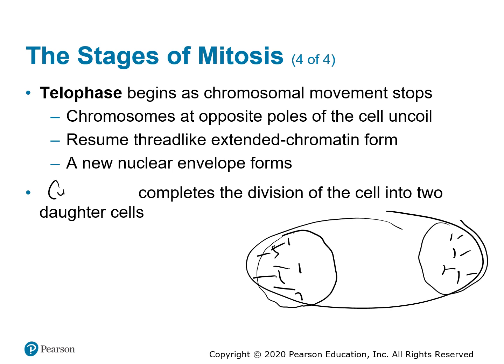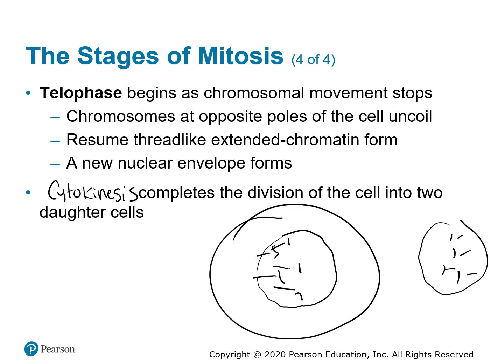And then during cytokinesis, the cell completely splits into two guys doing their own thing called daughter cells. Daughter cells. Okay? So telophase is when all the chromosomes stop moving, the nuclear envelope starts to reform, all of the like cell stuff starts to happen, and then cytokinesis is where it actually fully breaks apart.